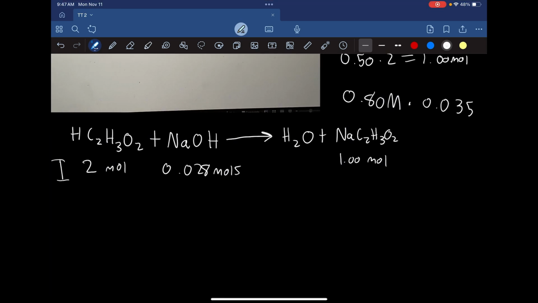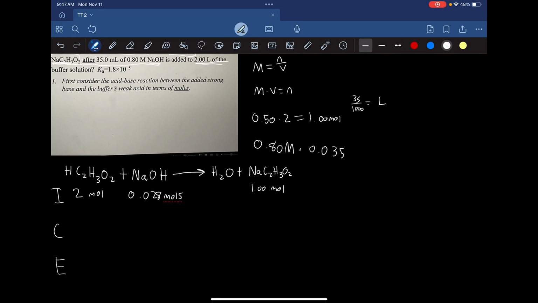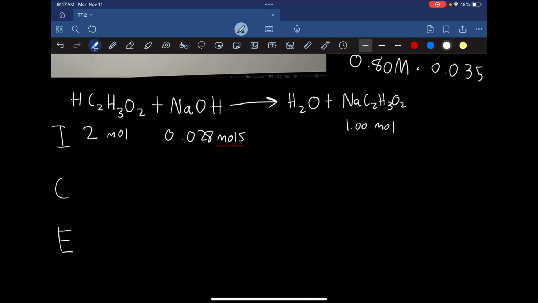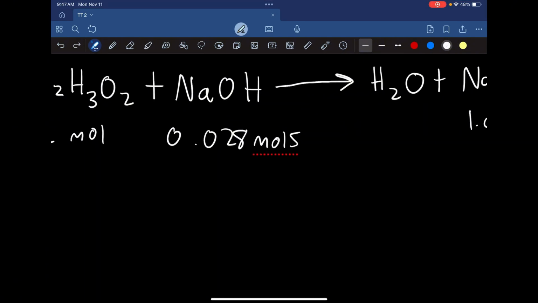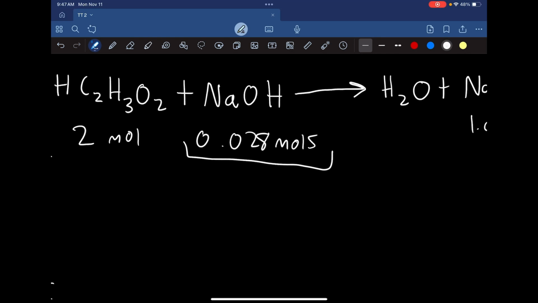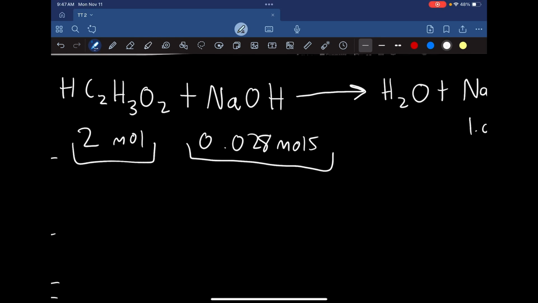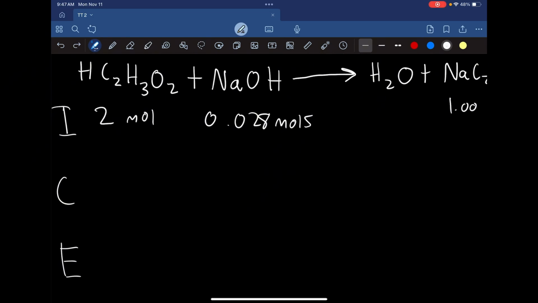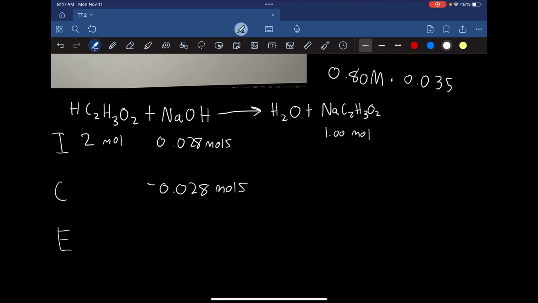So when you get to this step, we have our stuff. We could write our ICE table if you want, whatever is easier for you. We can know that this is a limiting reactant, because we have to finish all this before we could finish this. Remember this from General Chemistry 1, where now you subtract the lowest amount of moles in the solution.